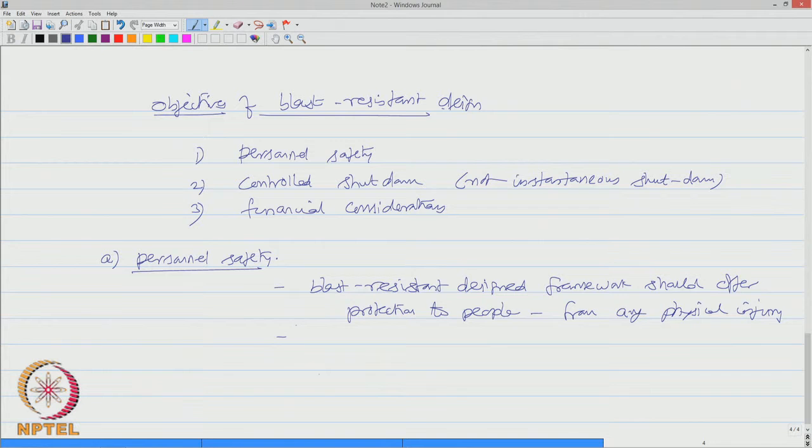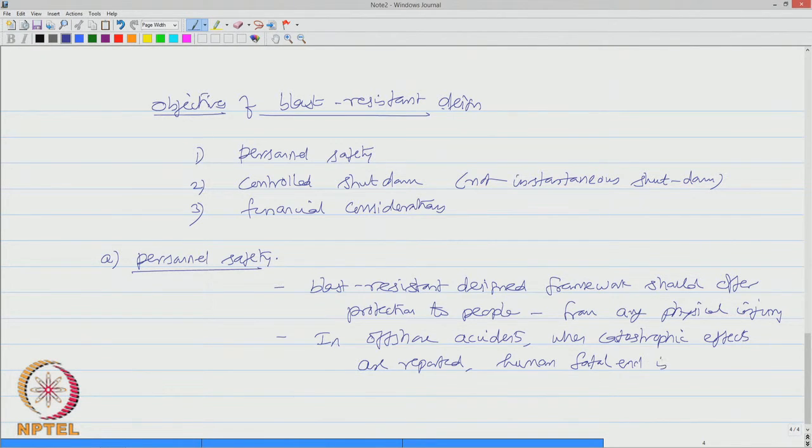We have seen that in offshore accidents, when catastrophic effects are reported, there has been some human loss. This should be avoided because the risk involved in this kind of personal safety is much larger under the societal image of the company.